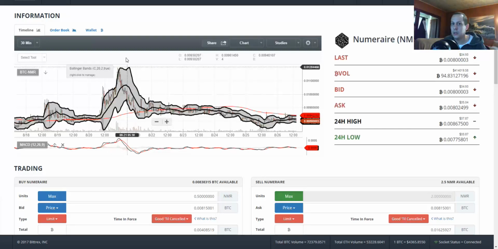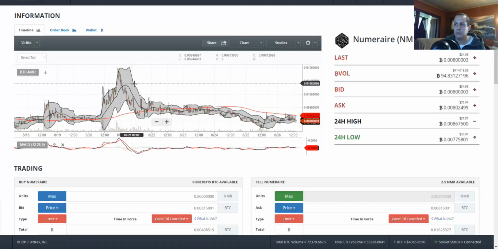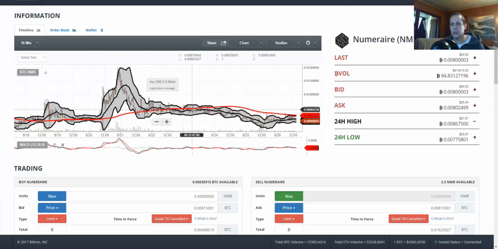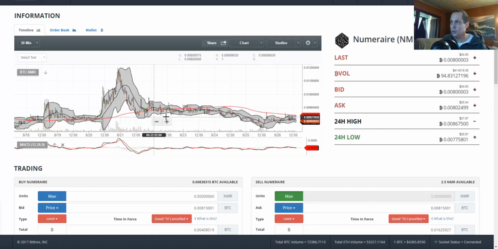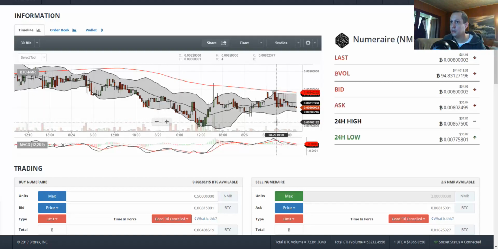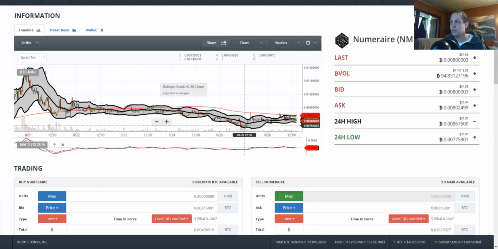That's when to go ahead and add your pairs and turn your low band up. This is consolidation, when it kind of goes sideways. And then when it goes down low, that's a good time to buy, because then most likely you're going to be going back up within the next day or two.